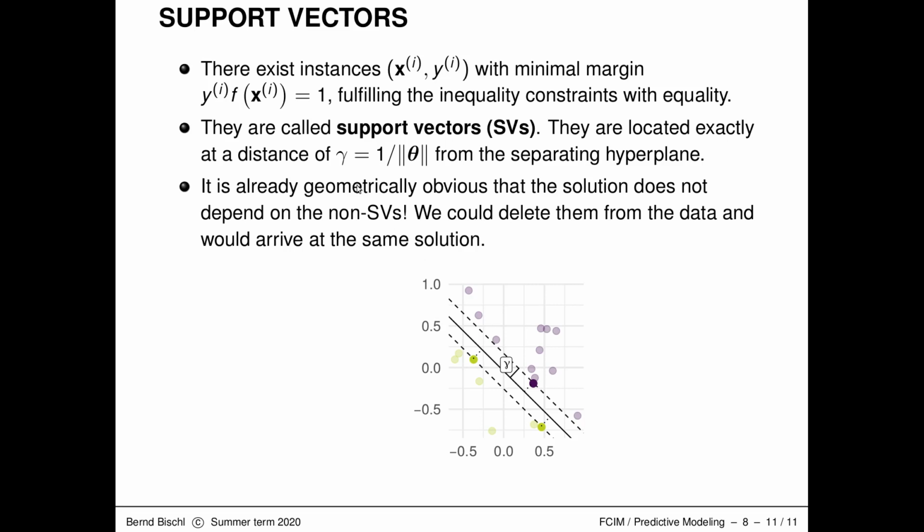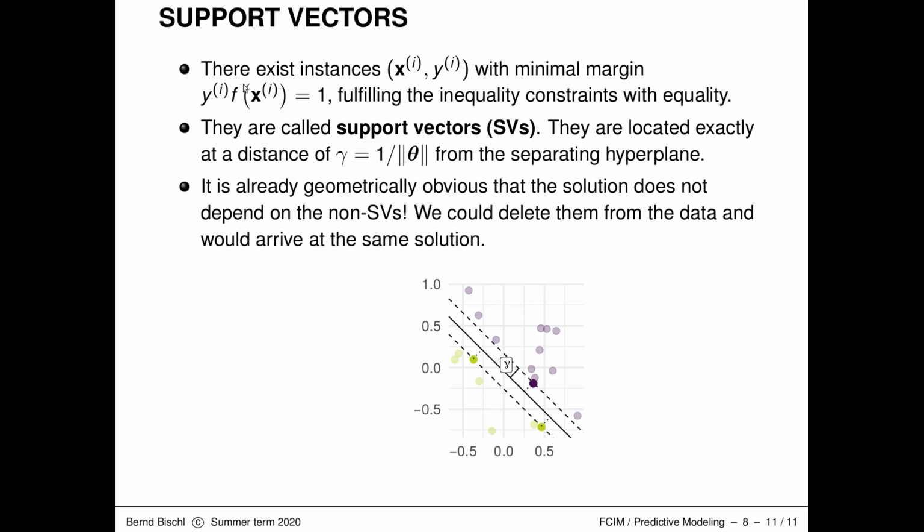And because we know that gamma is exactly 1 divided by the norm of theta, we know that the absolute value of the score of these points is exactly 1. So y_i times f is exactly 1, because all of these points also have to be correctly classified. For a positive point, the score is exactly 1. For a negative point, the score is exactly minus 1.